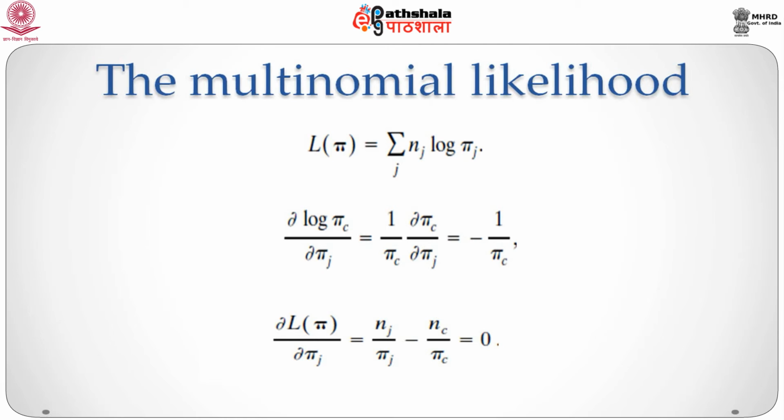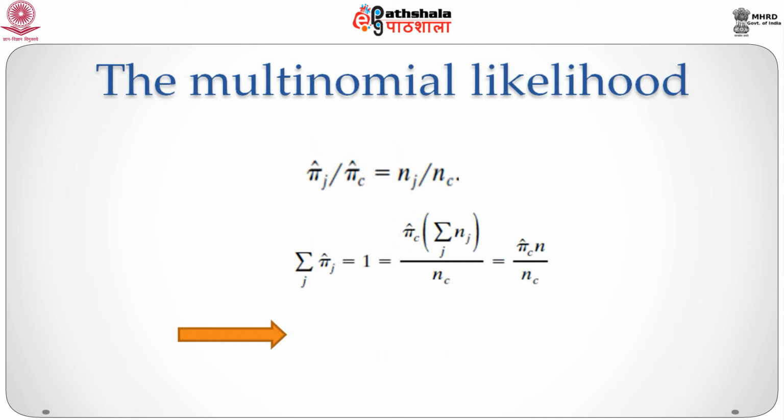To find the maximum likelihood estimators in this situation, note that del log pi c by del pi j is equal to 1 over pi c for j not equal to c, and minus 1 over pi c. Thus, in vector form, del L(pi) by del pi j is equal to nj by pi j minus nc by pi c is equal to 0.